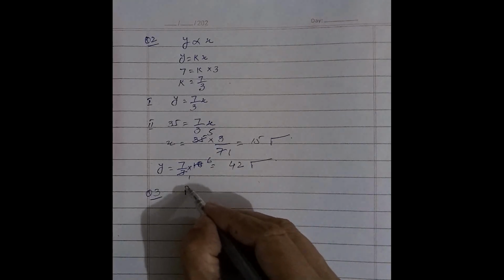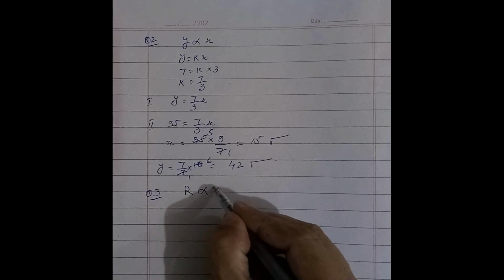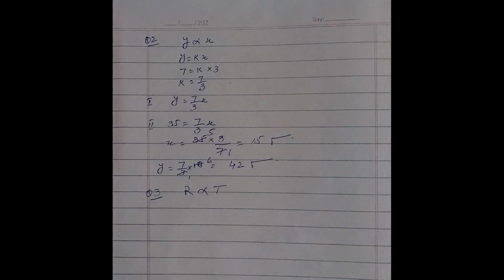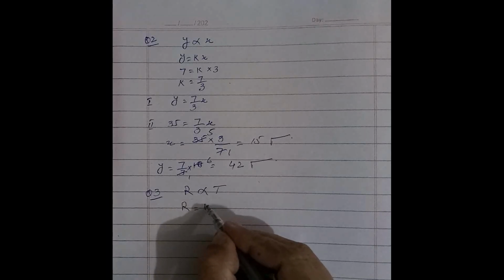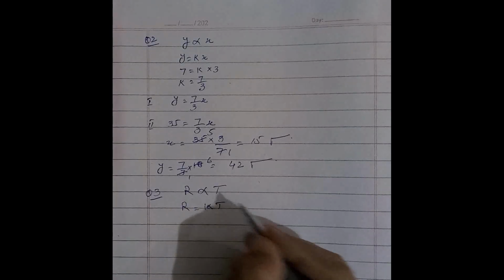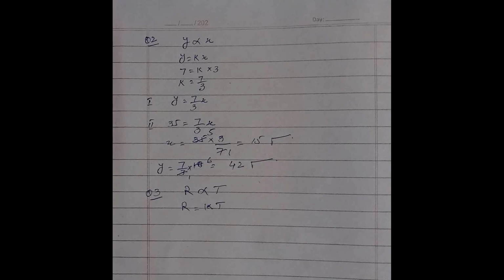Question 2. In which, r is directly proportional to t. So same way, r is equal to kt. When we find the value of k, r and t are required, which is r is equal to 5 and t is equal to 8.